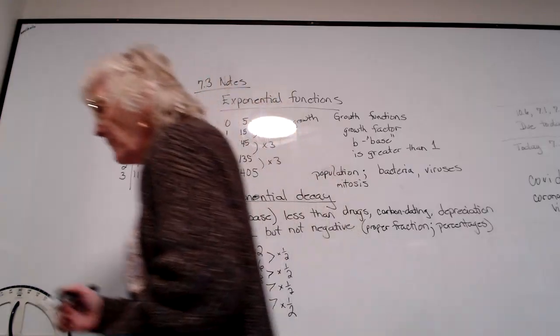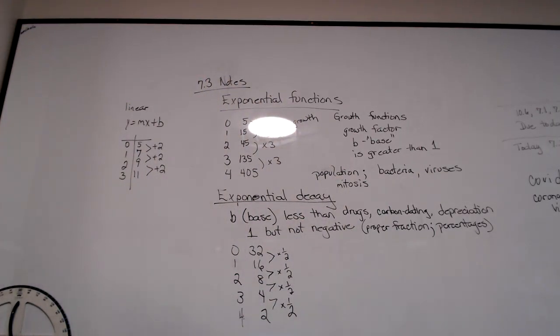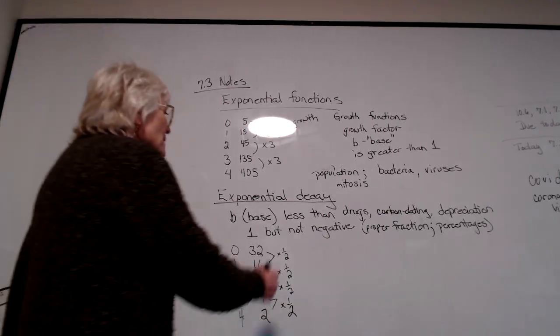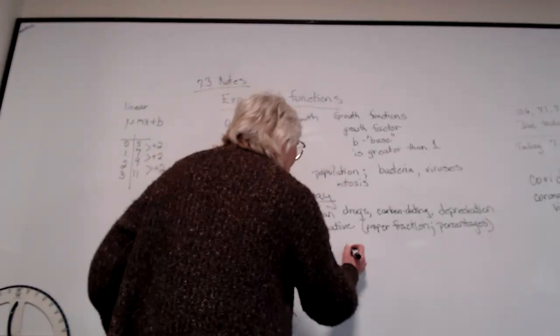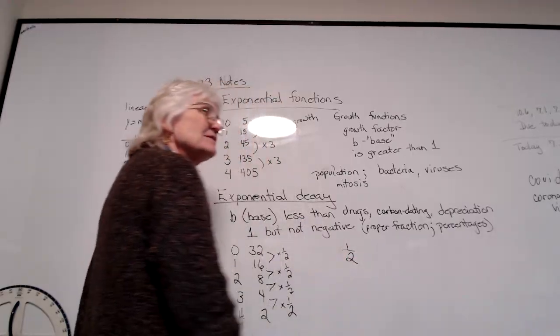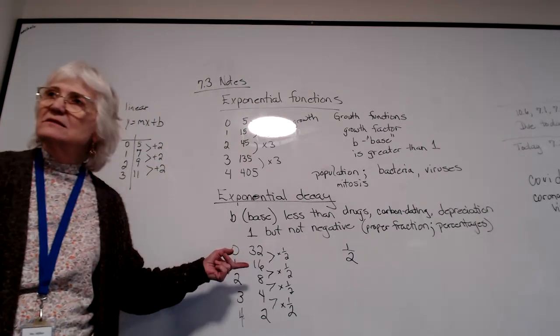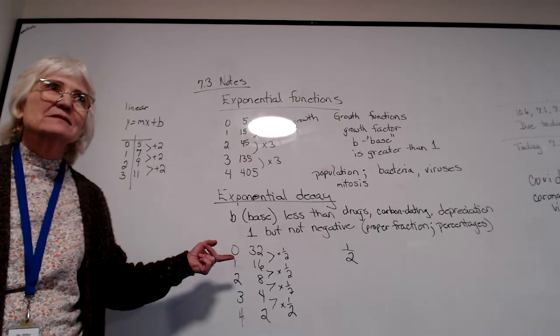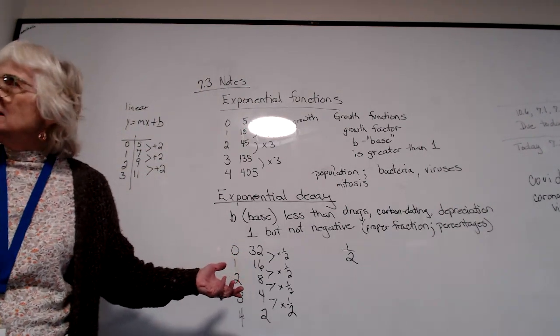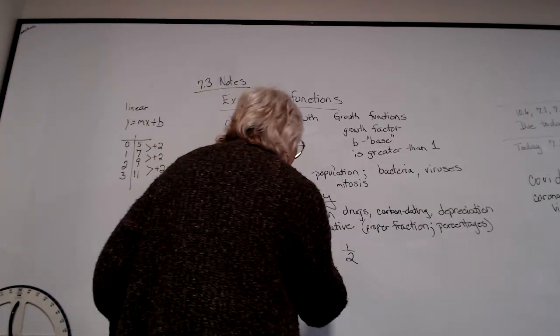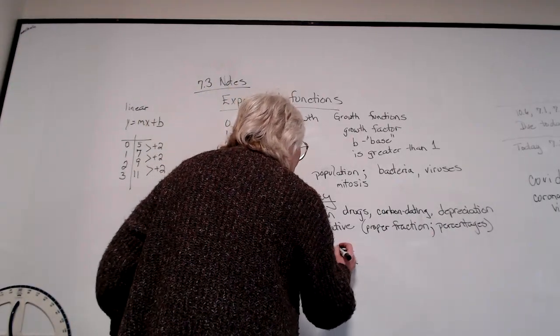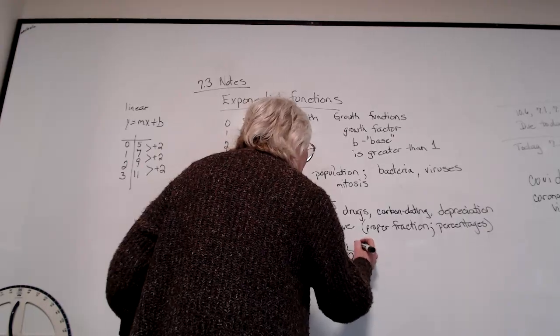Okay, so my base, notice that's a proper fraction. 1/2 is a proper fraction. It is smaller than 1, but larger than 0. So in this, my decay is 1/2. My base is going to be 1/2. Where did I start? 32. I started at 32, right? So the equation for this will be y equals 32 times 1/2 to the x.